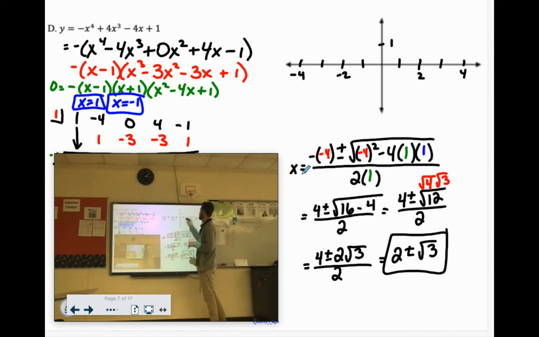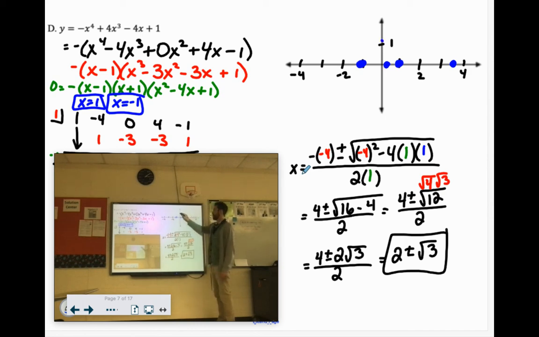So at 1, at negative 1, the square root of 3 is like 1 point something, right? Because the square root of 4 is 2. So 2 plus 1 point something would be like 3 point something. So let's call it over here. 2 minus 1 point something would be between 0 and 1.